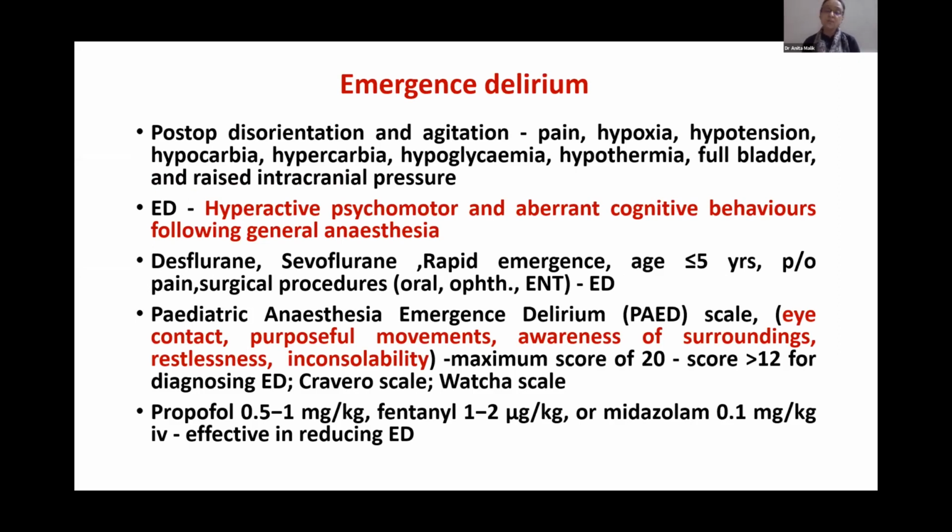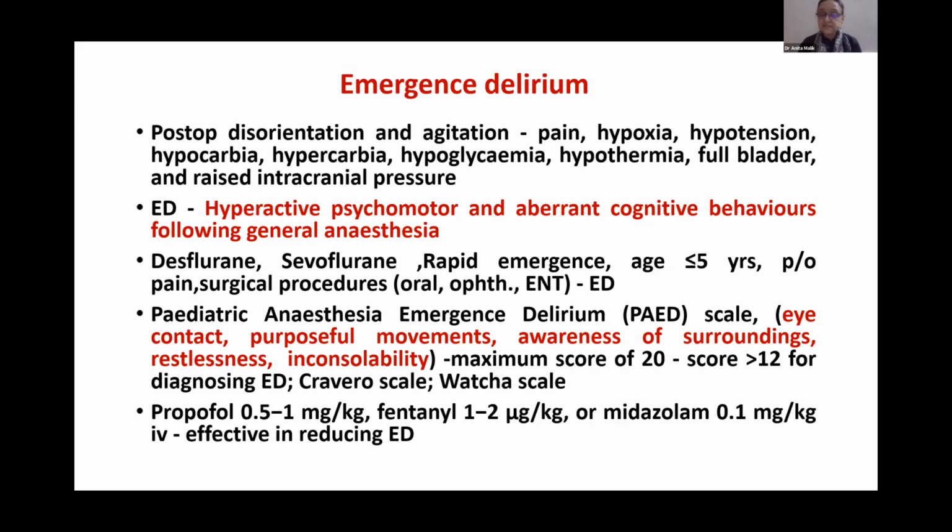So it's a combination of disturbance in behavior and cognition, and agitation. Emergence agitation is a part of delirium, not otherwise. Desflurane, sevoflurane, rapid emergence, age less than 5 years, post-op pain, and surgical procedures around the head and neck are the causes for delirium.